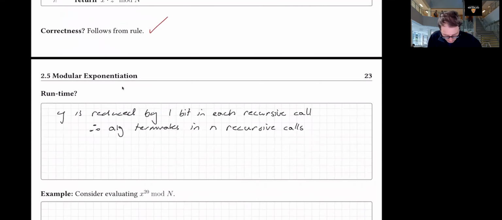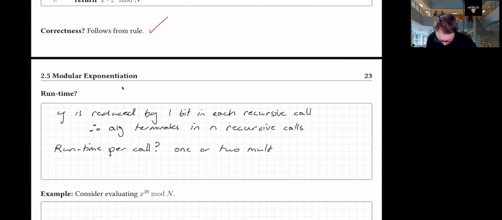So the runtime per call is 1 or 2 n-bit multiplications.